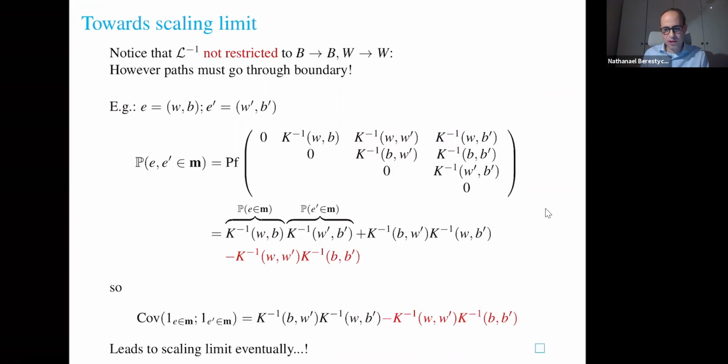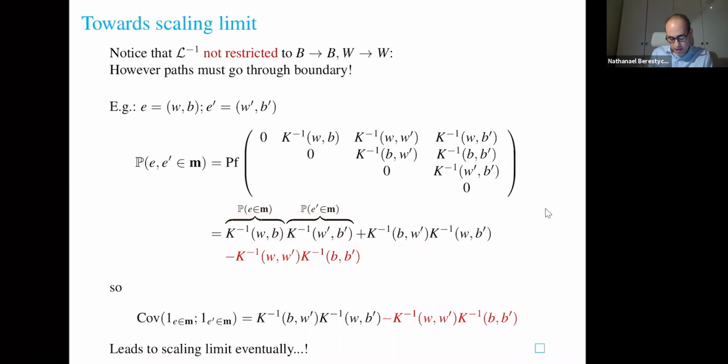And in fact, at the technical level, concretely, when you try to compute the endpoint correlation of the model, for instance, here, this is a 2-point correlation, Kasteleyn theory tells you that it's given by a Pfaffian of a certain matrix. And when you write it out, you get a bunch of terms.